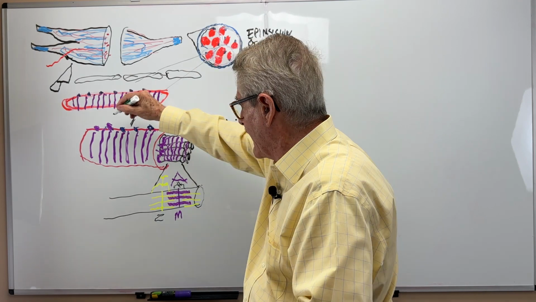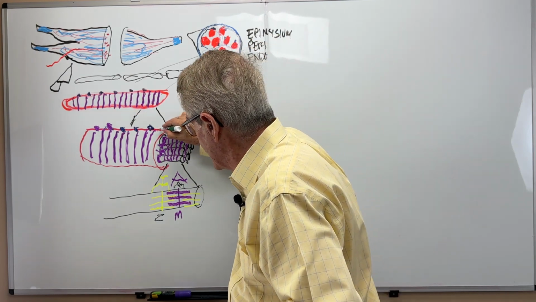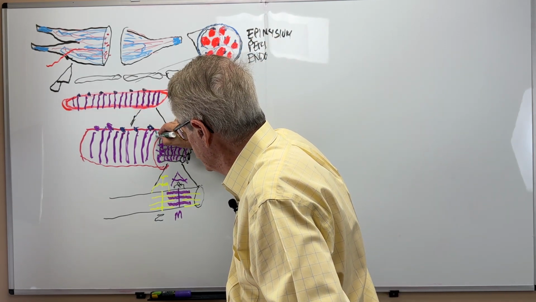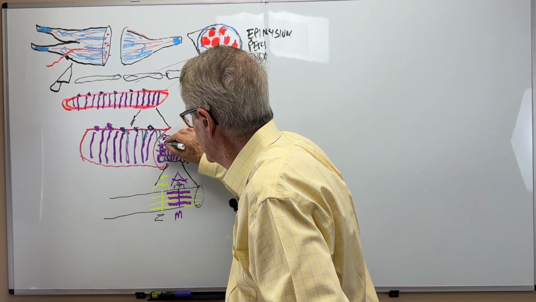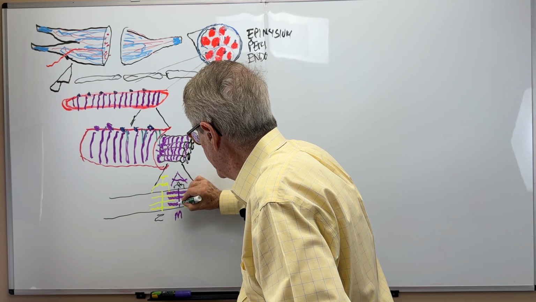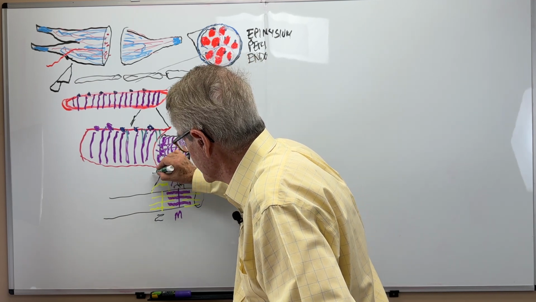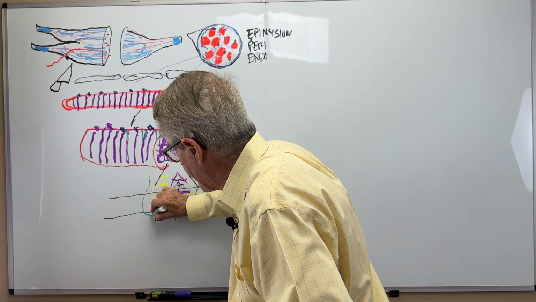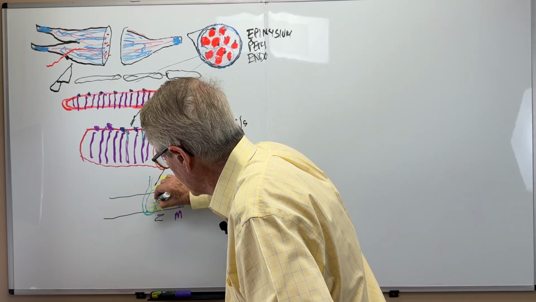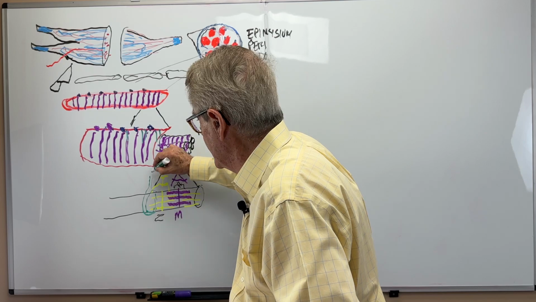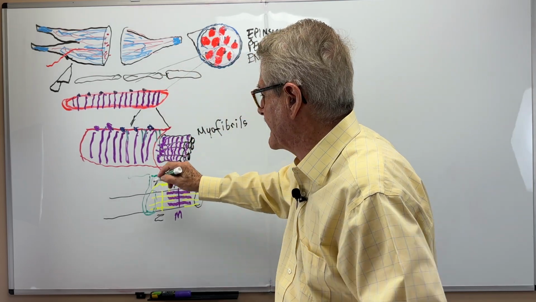The membrane has tubules that go below and surround each of these structures. Let me put it like this. Each one of these filaments, and liberates calcium.